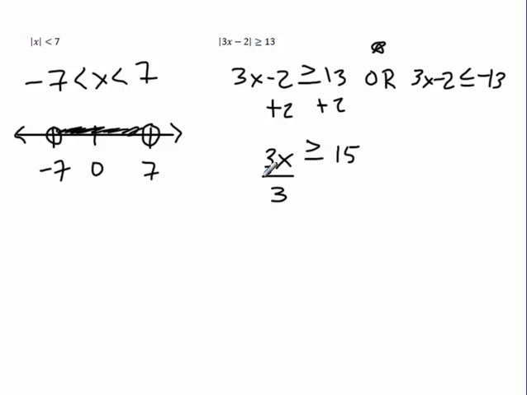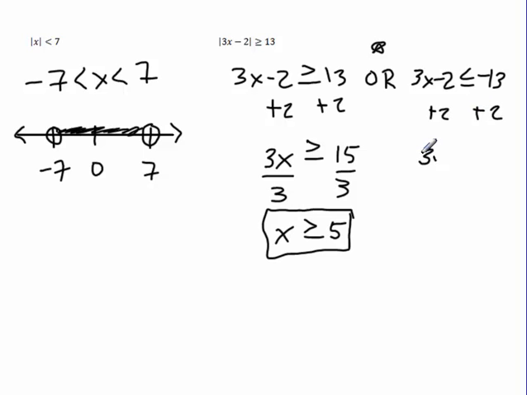And divide by 3. So x is greater than or equal to 5. And now here I have to add 2 to both sides. So I get 3x is less than or equal to negative 11. And then we divide by 3. So x is less than or equal to negative 11 thirds.